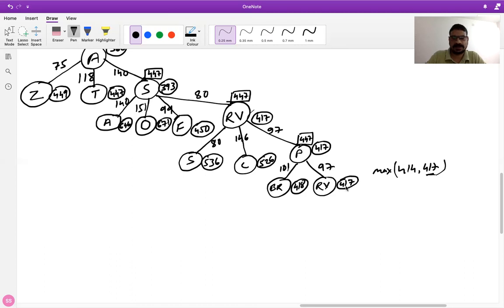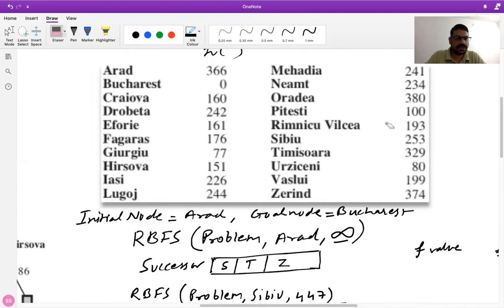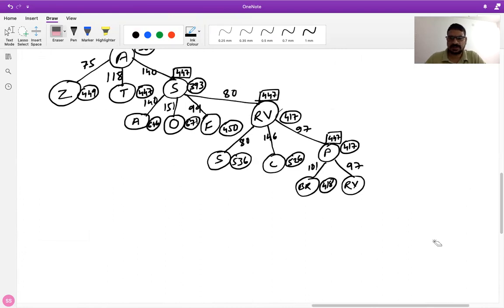I have to calculate the heuristic also here, because Bucharest is the goal node. That's why the heuristic is 0. Let's calculate the heuristic of RV. It is 193, so it is coming to 607. 607 is greater than 417. Now it is correct.